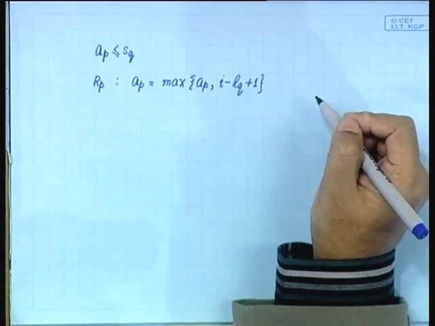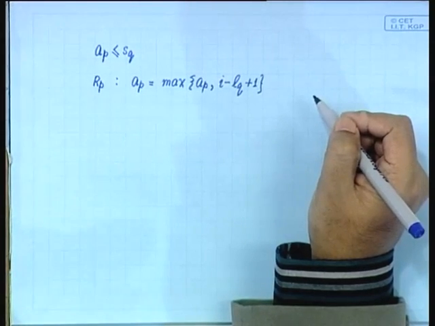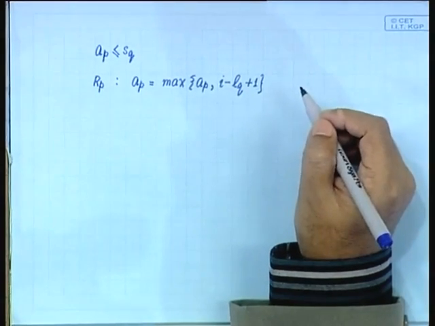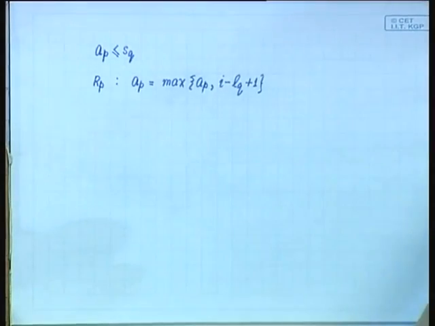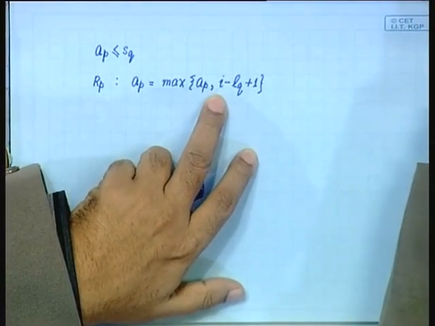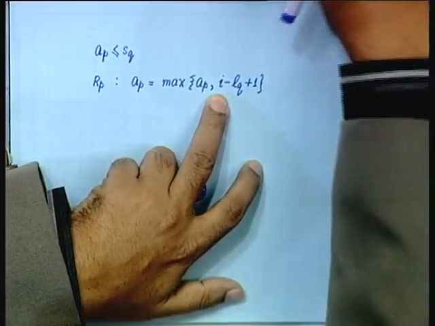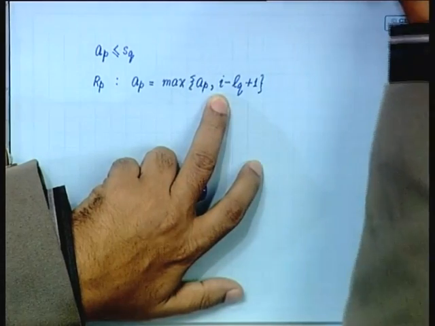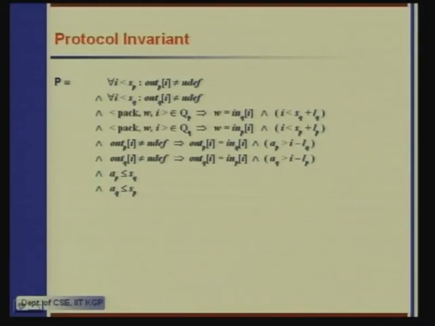Yes, right. So SQ will be greater than I minus LQ. See, what does this tell us? It tells us that all packets from in P0 through in P I minus LQ have been received.